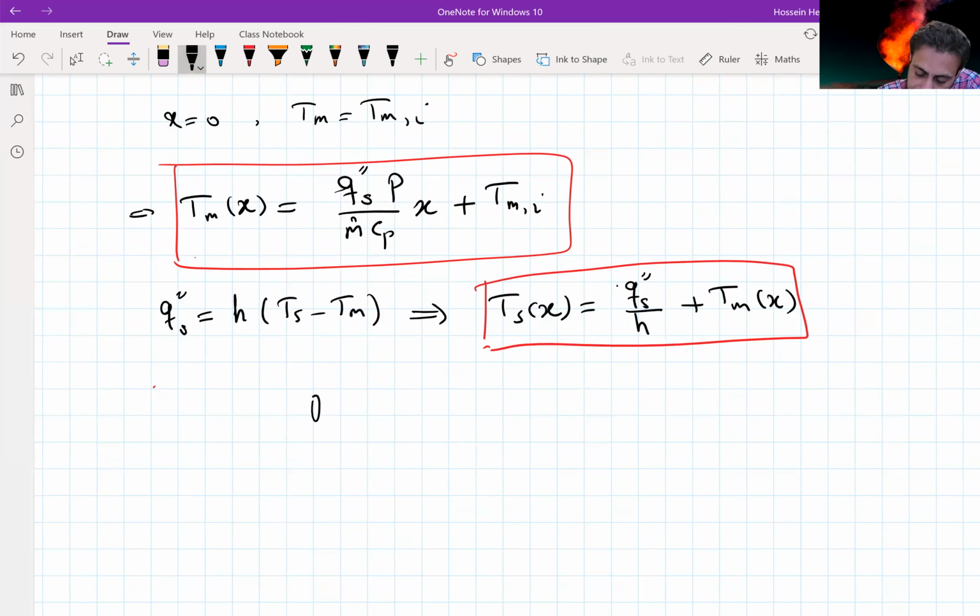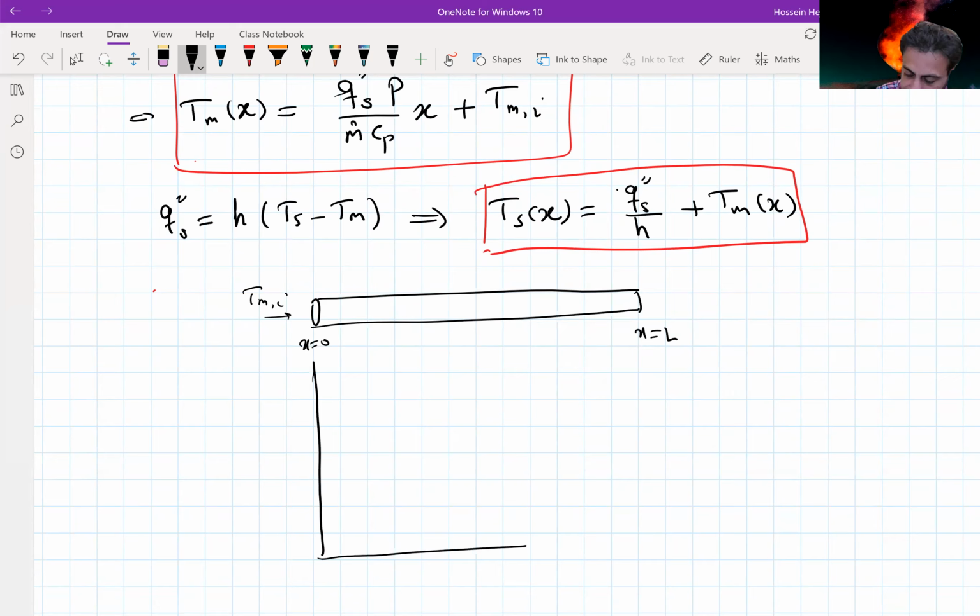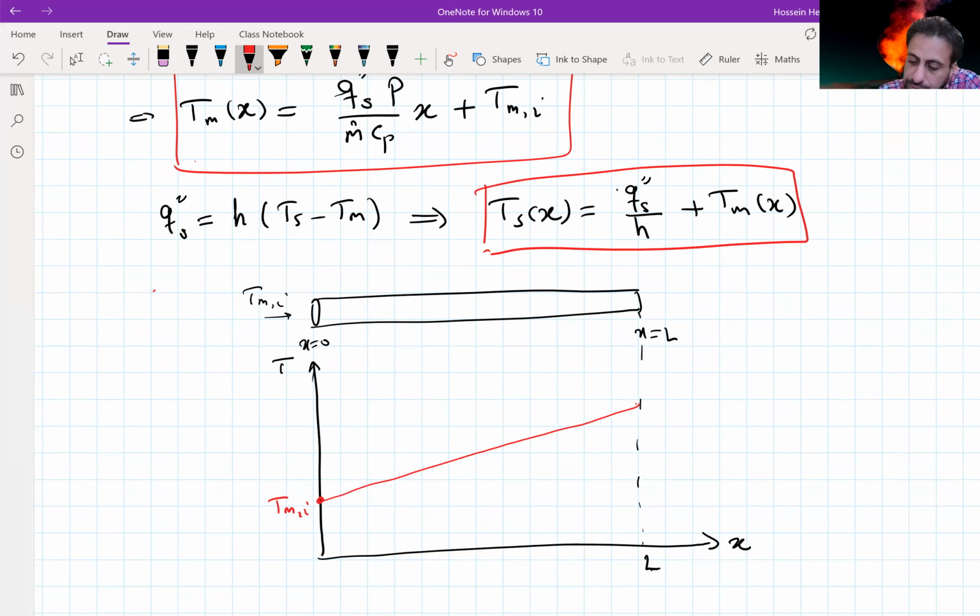If I make a plot of that, let's say this is the tube, from x equal to 0 to x equal to L, and the fluid comes in at the mean temperature Tm,i. This is x, and this is temperature. The fluid comes in at Tm,i, and the temperature increases with the slope q double prime s P divided by m dot cp, and goes out.